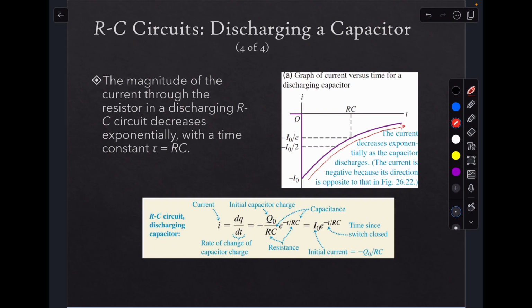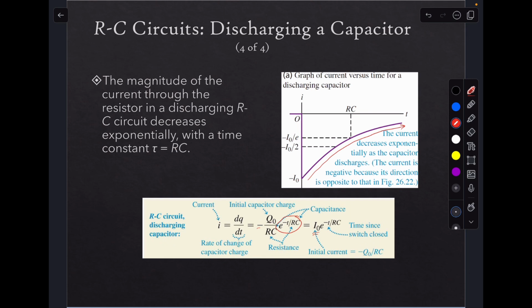And so it also is going to follow an exponential function, e to the minus t over RC. But it's going to be scaled by negative Q over RC, where Q is the initial capacitor charge. And this negative Q over RC is just the initial current in the capacitor, okay?